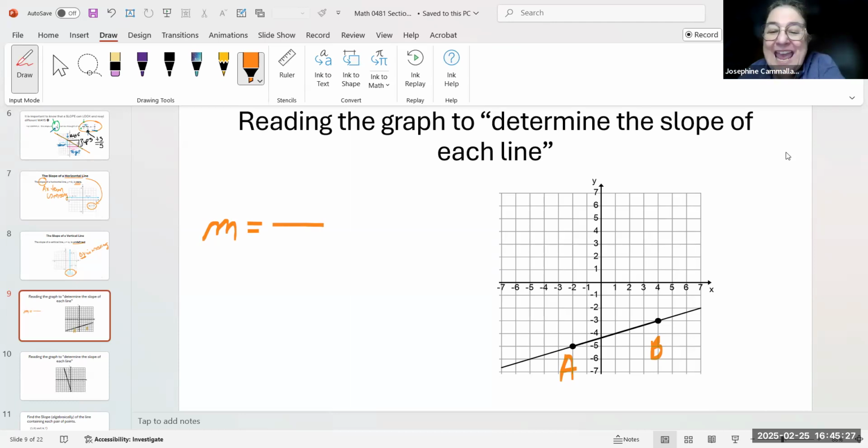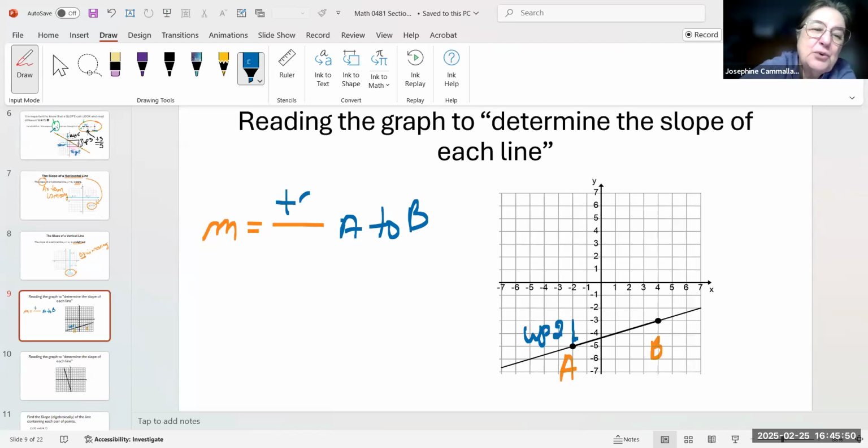I'm going from A to B. That means I'm going up 2, which means this is a positive 2. And then I'm going 1, 2, 3, 4, 5, 6. I'm going right 6.